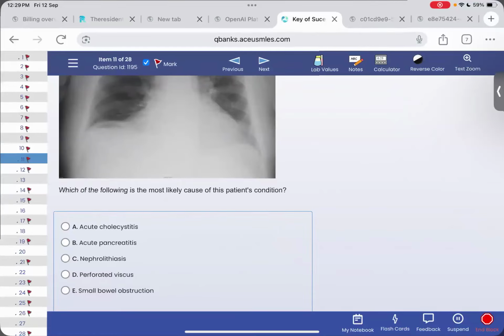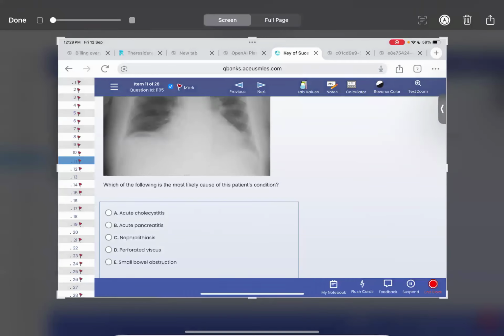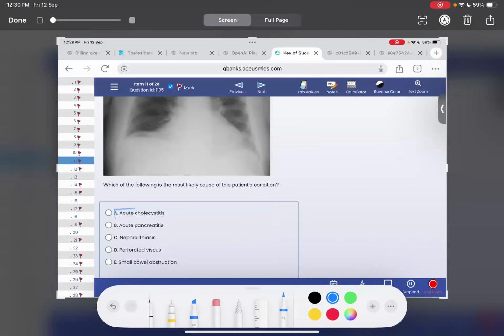Just remember for now, we will discuss acute cholecystitis in detail in the pathology section. For now, referred pain to the shoulder is number one. Acute pancreatitis has referred pain toward the back.